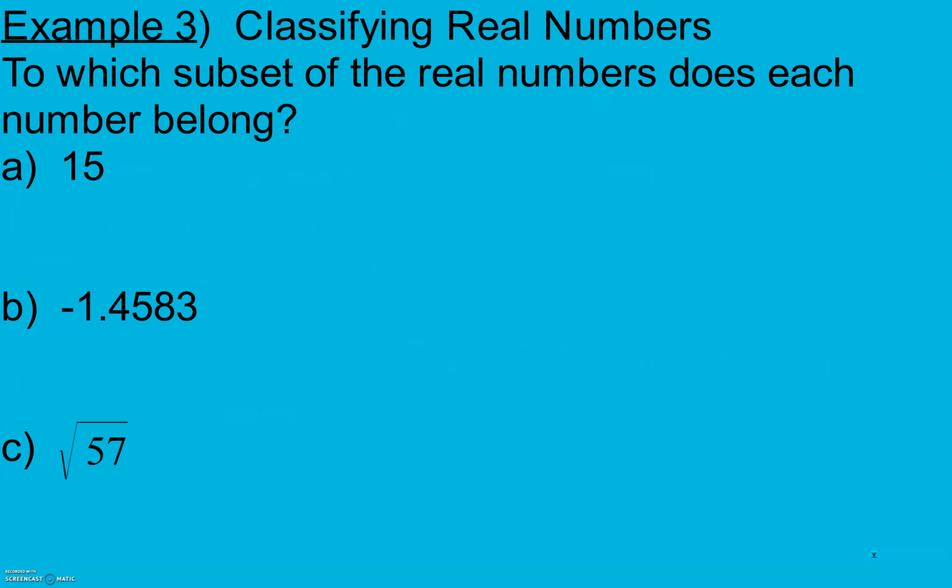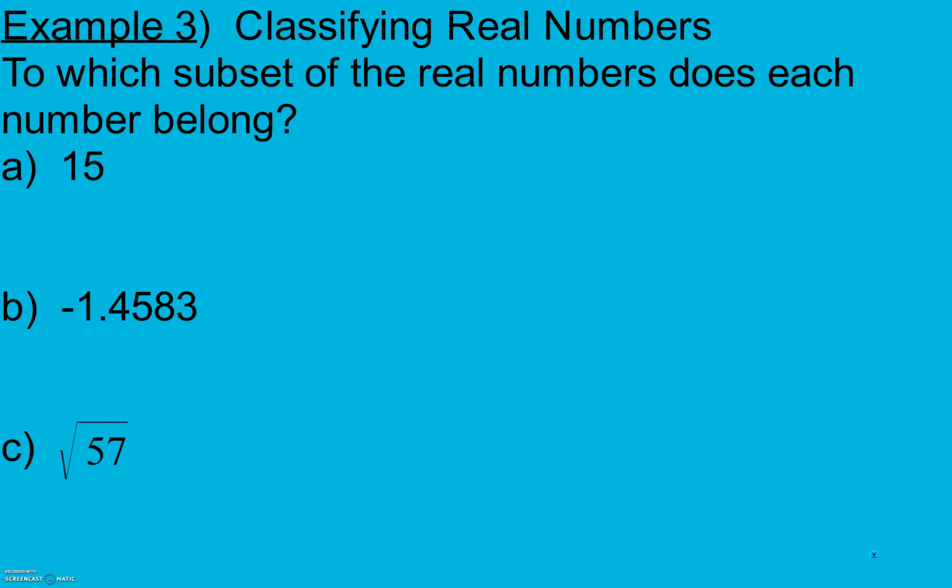Example 3 here is classifying real numbers. To which subset of the real numbers does each number belong? Again, we want the most specific one here. So the first thing I'm going to do is check and see if it's rational or irrational. There's no square root, there's no decimal that's continuing on, so this is going to be rational. From there, I break it down a little bit further. Does it have a decimal or a fractional part?